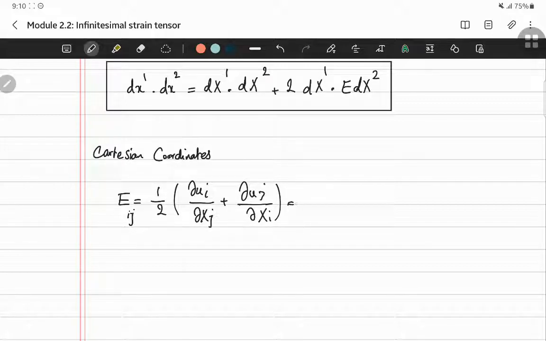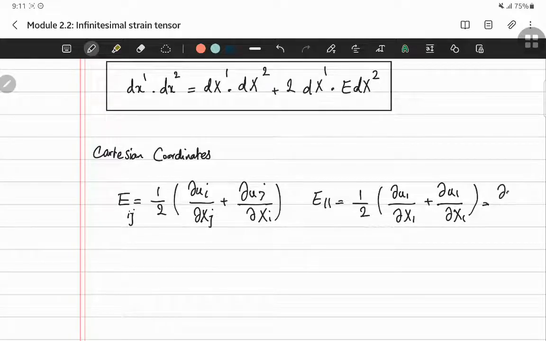So if we have e11, it was half of partial derivative of u1 with respect to x1 plus partial derivative of u1 with respect to x1. And this is nothing but partial derivative of u1 with respect to x1.